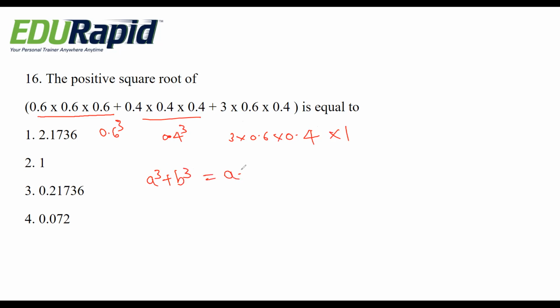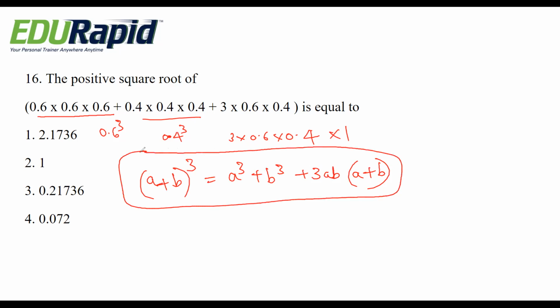Let me write down that formula: a plus b whole cube is a cube plus b cube plus 3ab into a plus b. So the right side is of the form a cube plus b cube plus 3ab into a plus b.